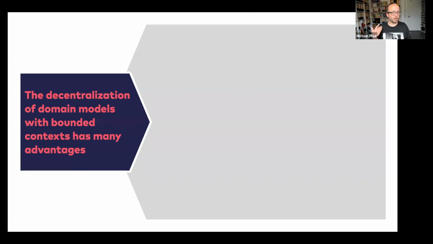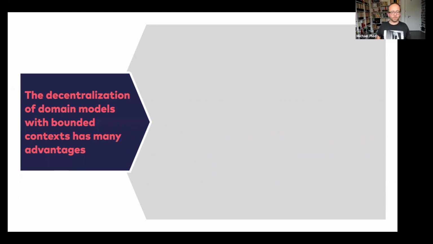If you look at DevOps, you want to decentralize certain operational aspects. If you look at principles behind continuous delivery, you want to decentralize certain testing capabilities so that you're no longer dependent on a single central testing team that is conducting regression testing or something like that. And if you look at microservice architectures, for instance, the same stuff applies.